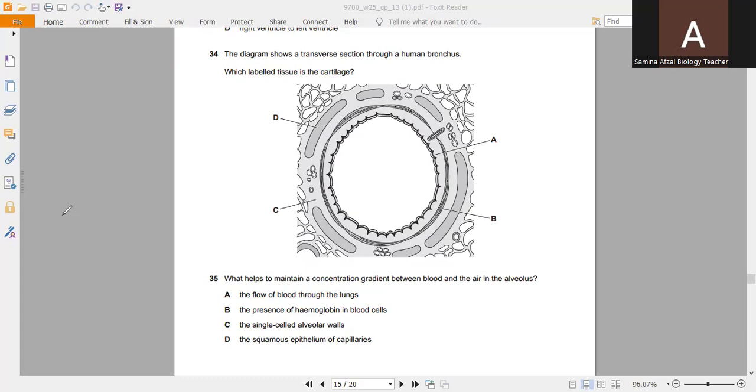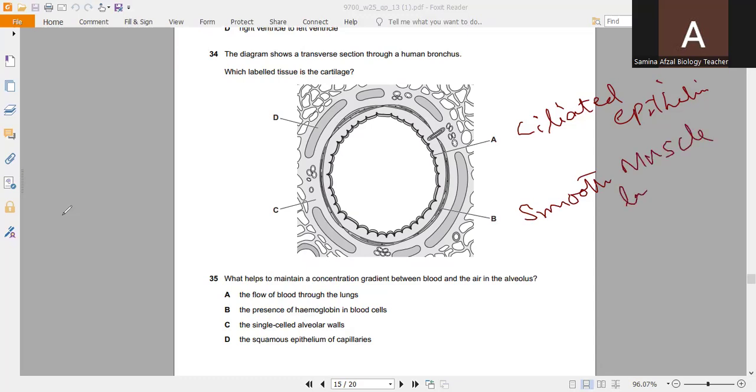Now the options. First of all, A represents the inner lining, the ciliated epithelium, which is the innermost layer here. Next is the smooth muscle layer. You can see the shape of the muscles. So these are the smooth muscle layer, or we can say the elastic fibers.